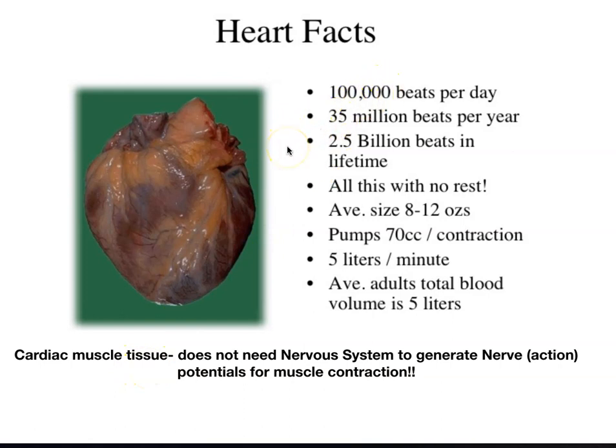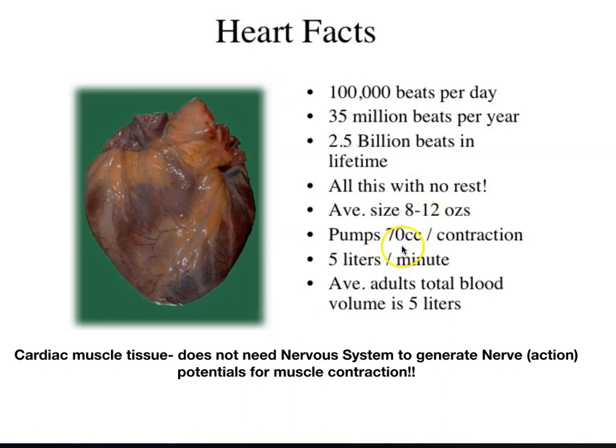And what else do you need to know? Well, it starts beating from before you're born till you die. It never takes a break. It never rests. If it did even take a small little break, you would die. It's a pretty small little pump. It only weighs about 8 to 12 ounces, less than a pound, and it's the size of about a clenched fist.